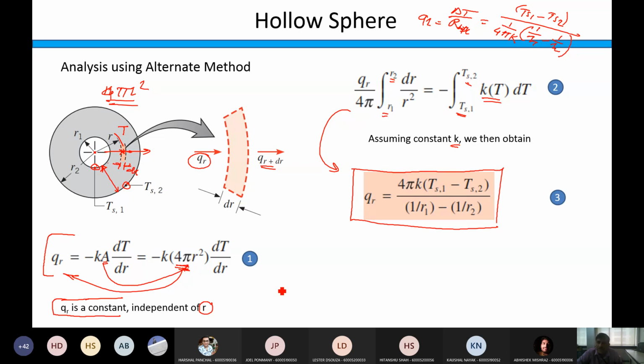So this is how I am going to write it. Fine? Is it clear? So you will get the thermal resistance of conduction for a sphere as 1 upon 4 pi k, into (1 upon r1 minus 1 upon r2).